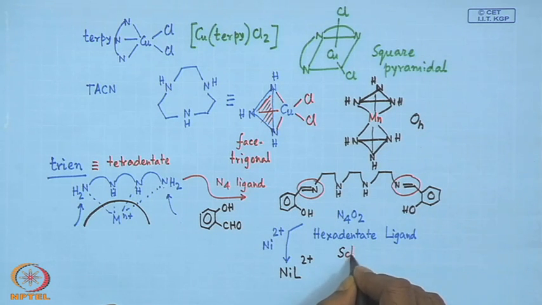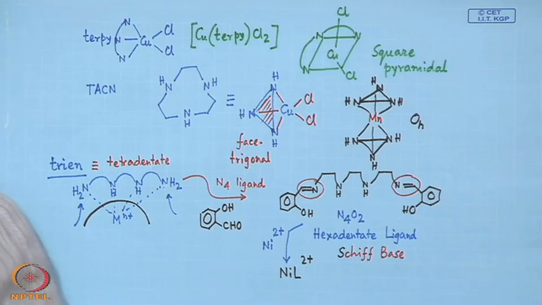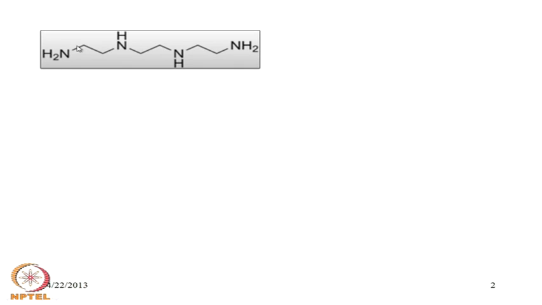So, these particular ligands are also known as the corresponding Schiff bases or the Schiff base ligand. So, this particular amine, that means triethylene tetramine, is very useful when it is in the pure form, or when it is condensing with some other aldehydes like salicylaldehyde or pyridine 2 aldehyde also.